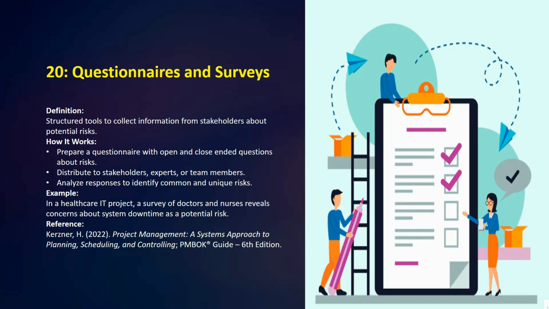You then collect and analyze the responses to identify common risks and unique insights from the different individuals. Next we have an example in a healthcare IT project: a survey of the doctors and nurses reveals concerns about system downtime as a potential risk.